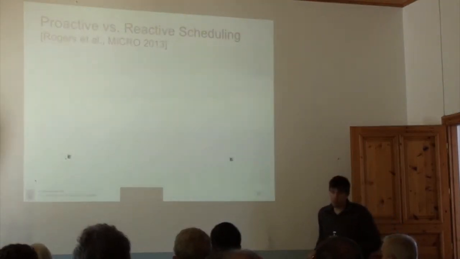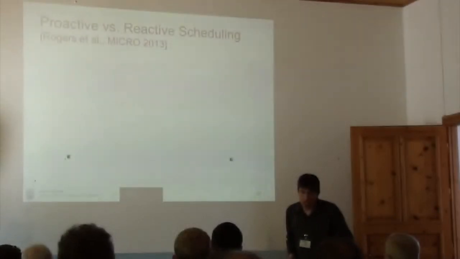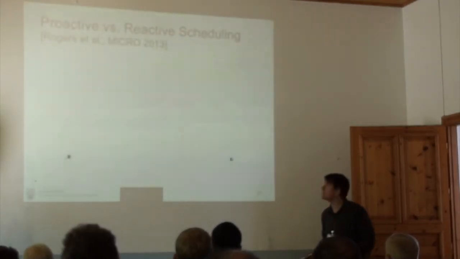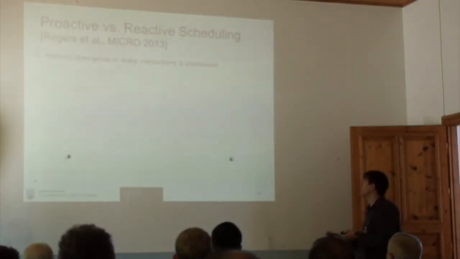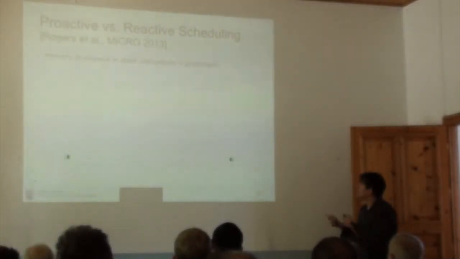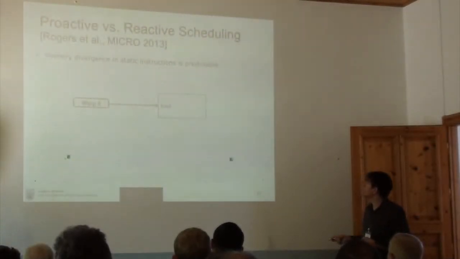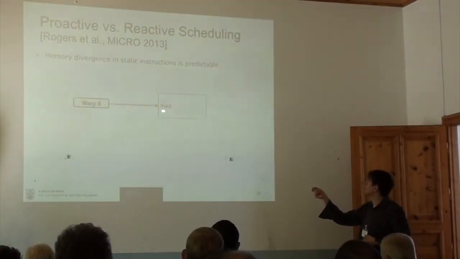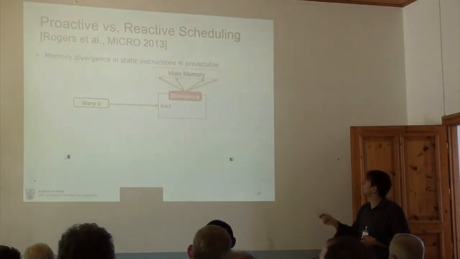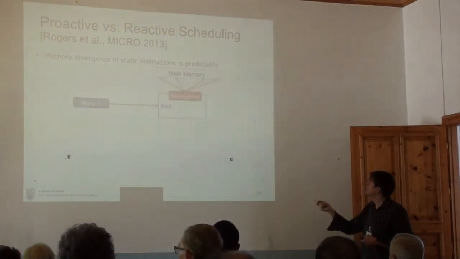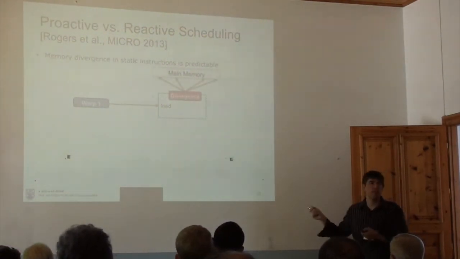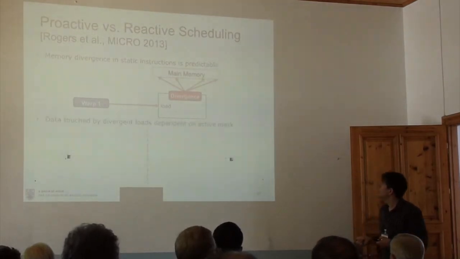The more recent version of this changes it from reactive scheduling to proactive scheduling, and makes a couple of observations. One is that the divergence is static. Static instruction divergence is predictable. What I mean by that is, if warp 0 executes this load and say it diverges to 4 things, then when warp 1 comes in there, it'll probably diverge and access 4 different cache blocks as well.